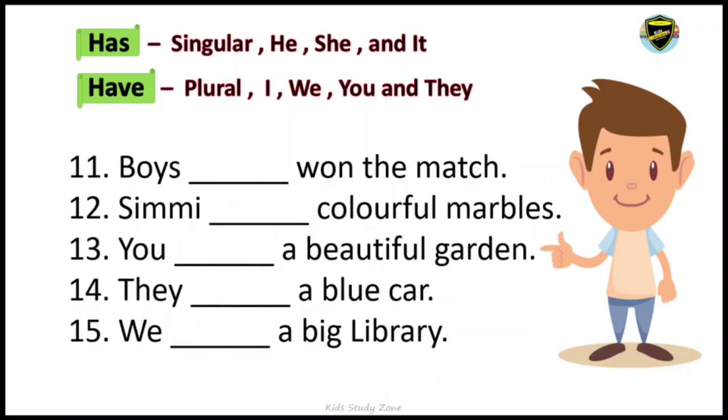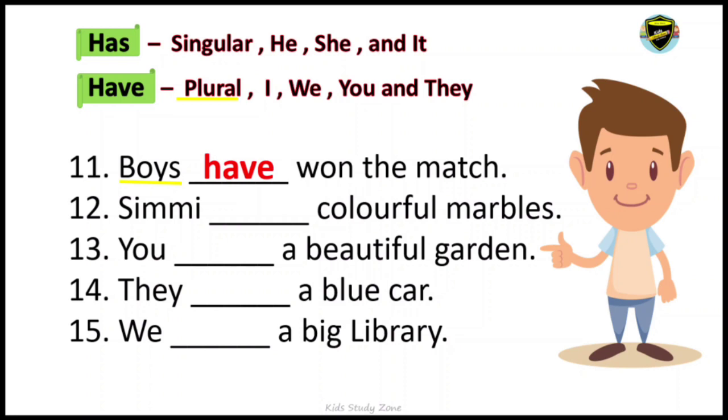Boys dash won the match. Boys. Here we are talking about plural. Children, just look at the rule box also. I am highlighting both the words at rule box side also and with the sentence also, so that you can see and you will understand it better. Boys dash won the match. Plural. So with plural we'll write have. Boys have won the match.